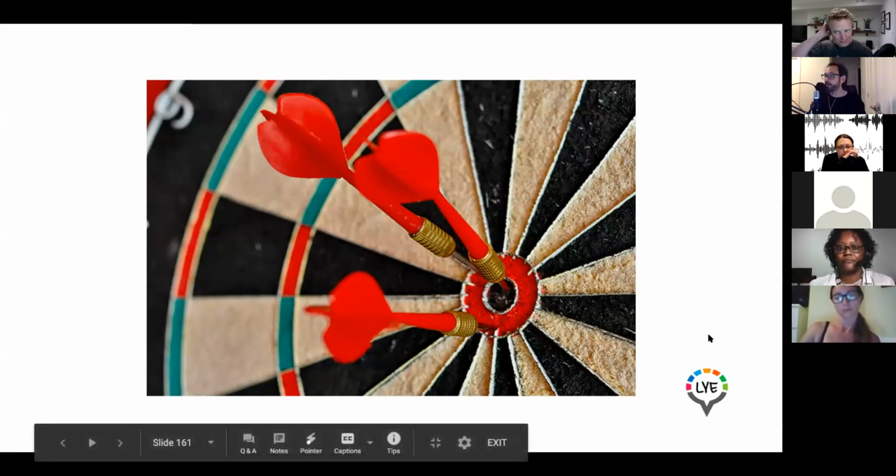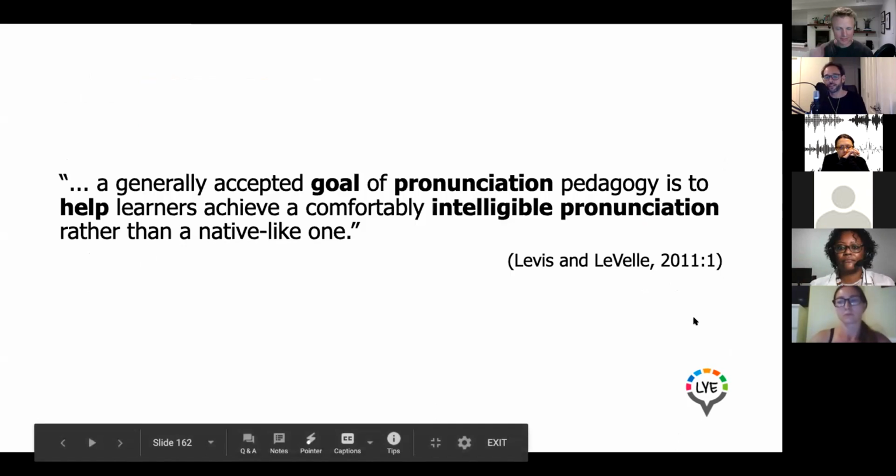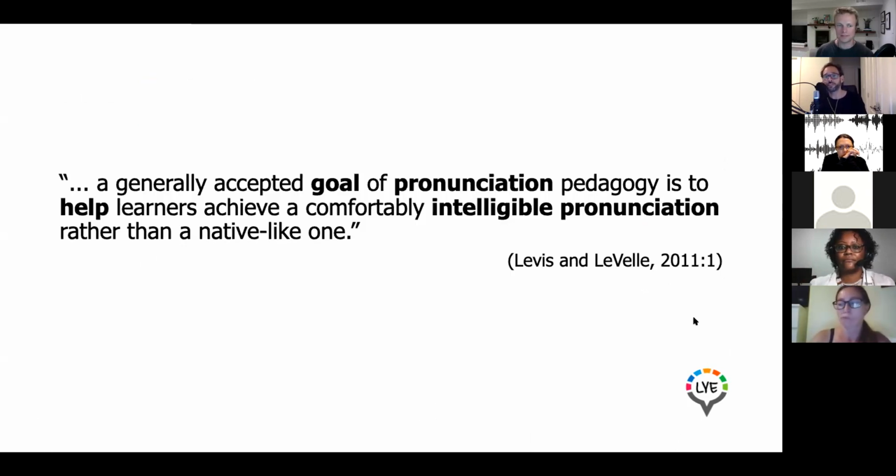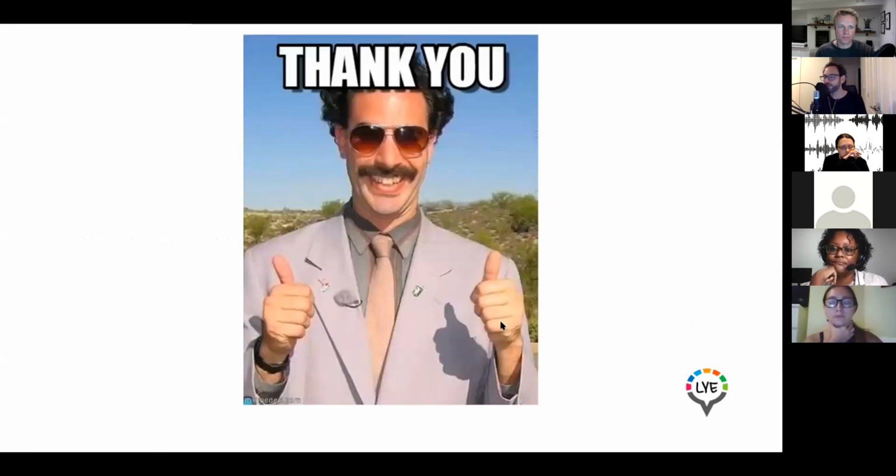I came up with these two fellas here, Levis and Lavelle, who said that the goal of pronunciation pedagogy is to help learners achieve a comfortably intelligible pronunciation rather than a native-like one. So sounding like a native speaker should not be the goal of pronunciation teaching. The goal should always be comfortably intelligible pronunciation. Thank you very much.